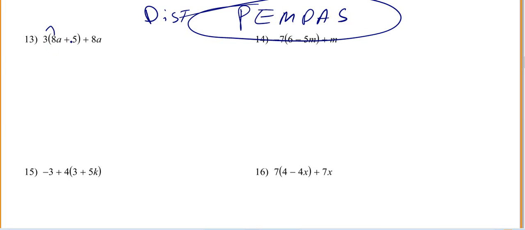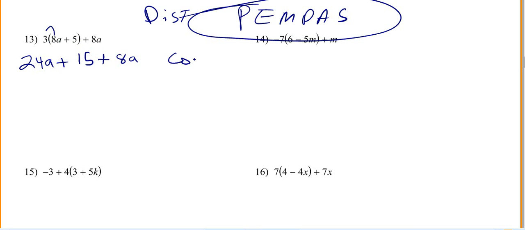Then we're going to take this 3 and multiply it by 5. We're not going to do anything with this 8a, so we'll just bring it down. So 3 times 8 is 24a. A positive times a positive is a positive, so I always like to write my signs first. 3 times 5 is 15.